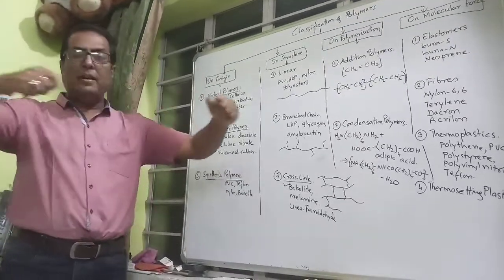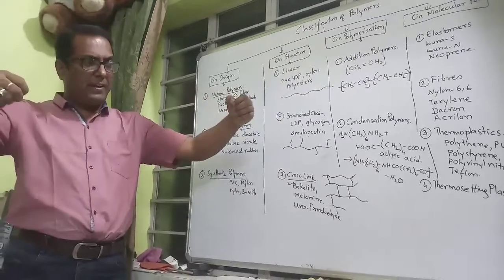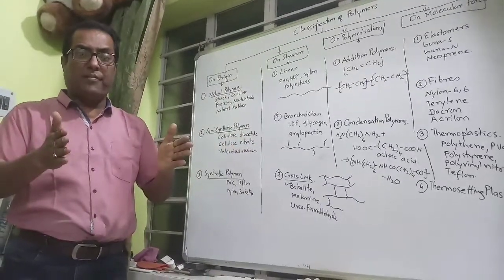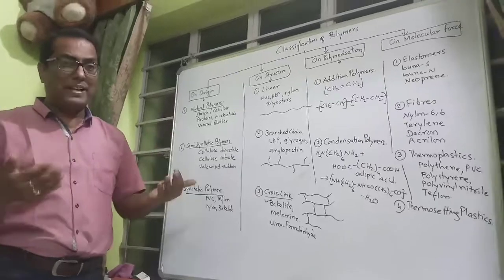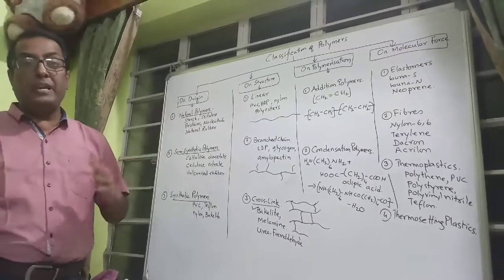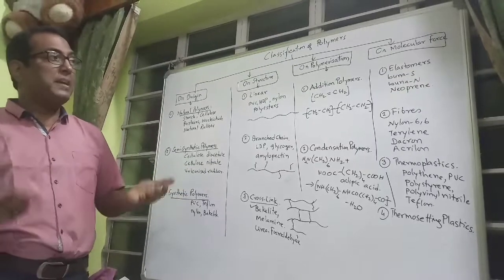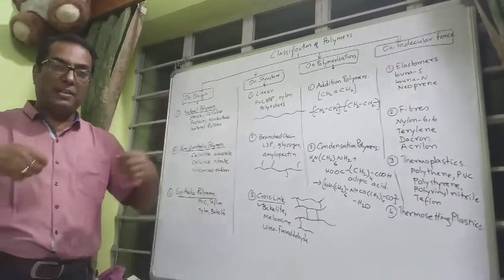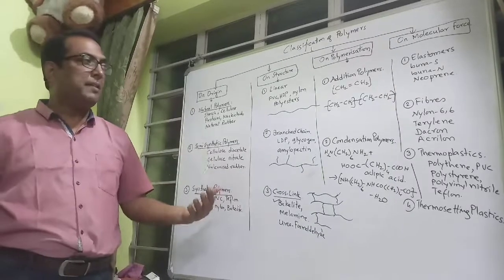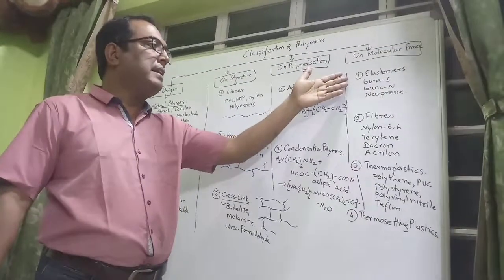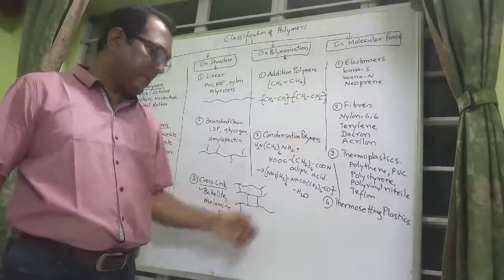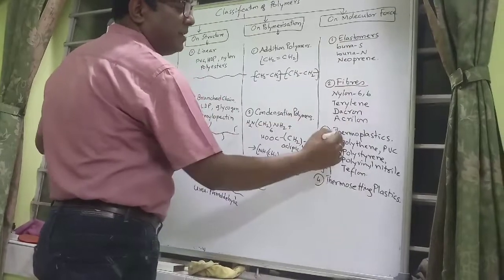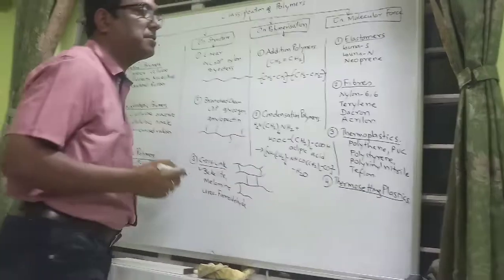But if I take a rubber and apply a force on either end, it will get elongated, and if I release it, it comes back to the original shape. So elasticity is present in some polymers and not in others. On the basis of molecular force, whether they are strong enough or can be expanded by using an external force, we divide polymers into elastomers, fibers, thermoplastic and thermosetting plastics.